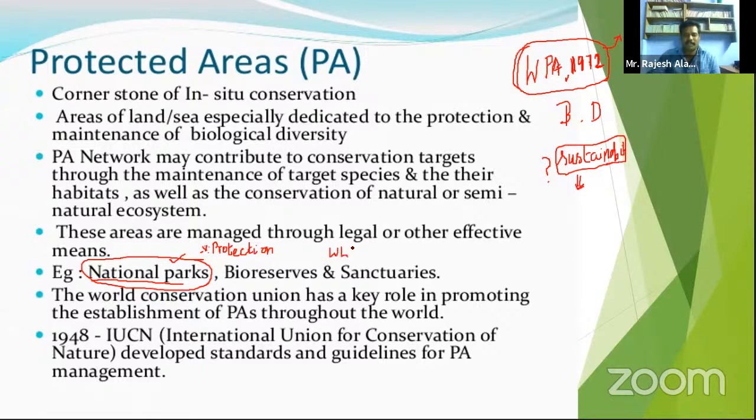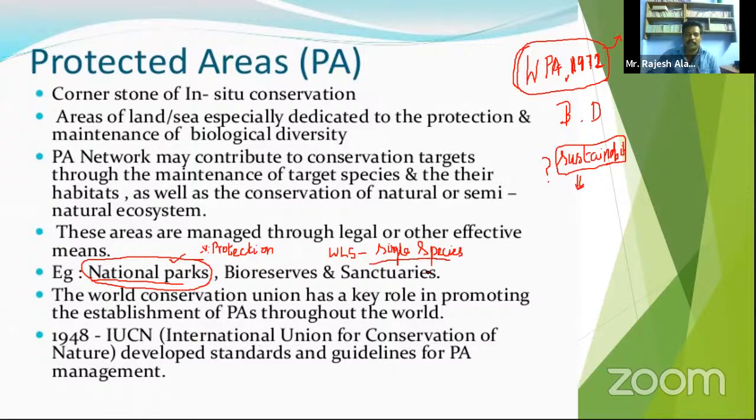Wildlife sanctuaries, the difference is here: even for conserving a single species, the state government can declare some area as a wildlife sanctuary. For example, in Tamil Nadu, we have a wildlife sanctuary in Srivilliputhur for the whistled squirrel, right, sir?